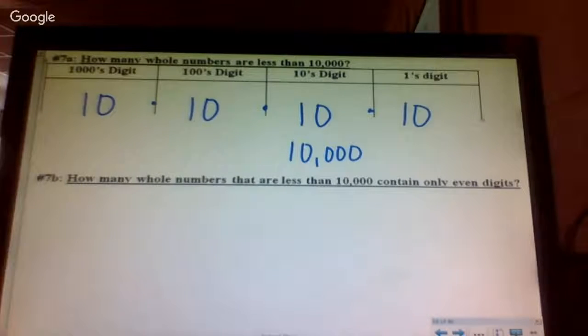Okay, how many whole numbers are less than 10,000 that contain only even digits? So I still have 4 spots. Remember, if I'm less than 10,000, my highest I can be is 9,999. The only issue is when we're dealing with numbers now, 0 is thrown back in as an even number. This is where it gets confusing.